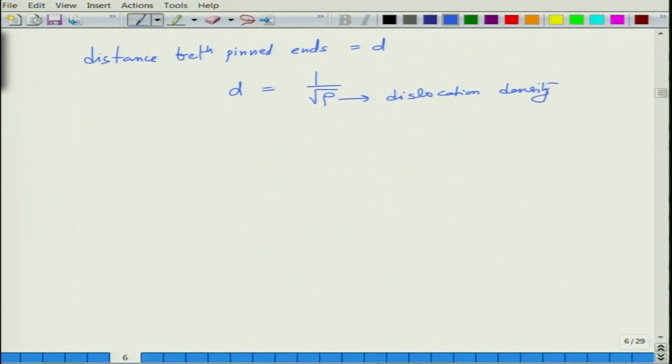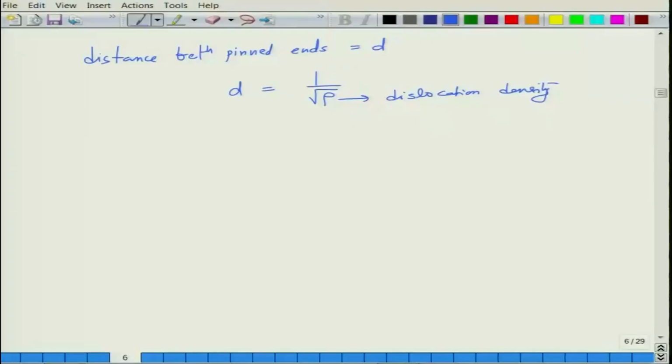Because the unit of dislocation density is number of dislocations per meter squared, rho goes as 1 over d squared, or d goes as 1 over square root of rho. So, if you write this stress, then it becomes 2 G b into square root of rho.